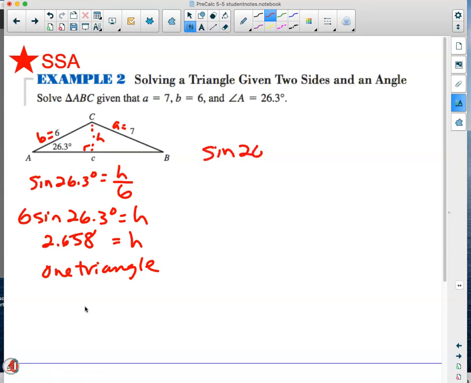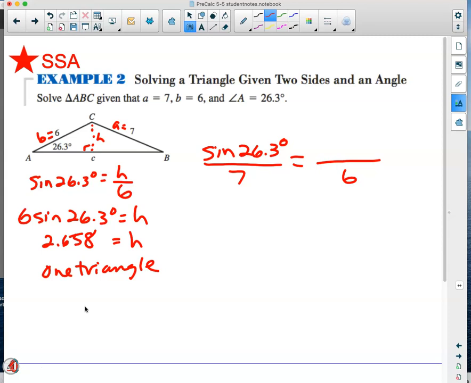So sine of 26.3 degrees over 7 equals. And then it's up to us what we want to find next, but the only other number they have for us up there is a 6. So if I'm going to use the 6 to find something, I have to use the angle that's opposite the 6.